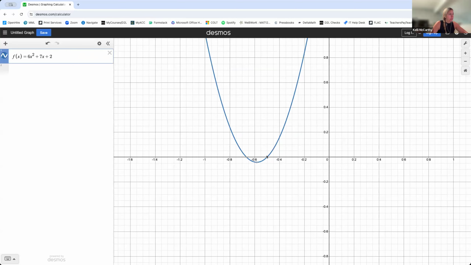And if we click on the graph, we can see that our first zero is at negative 1/2. And then our second one is that decimal, negative 0.6667, which hopefully you're familiar with as the decimal approximation of negative 2/3. But those were the two zeros from Desmos.